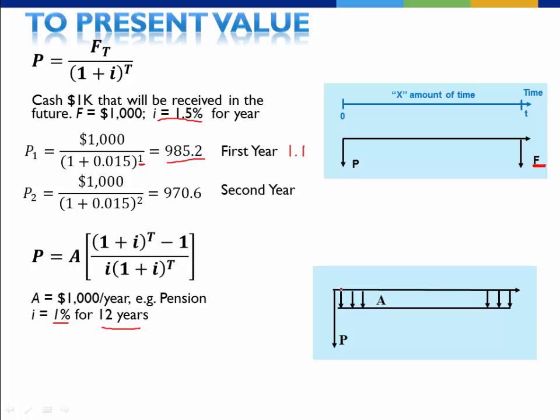What will it be if, during all these 12 years, you receive all that money and you put it in here today and you pile all of that? So in this case, we use formula 1.1 and this is formula 1.2.